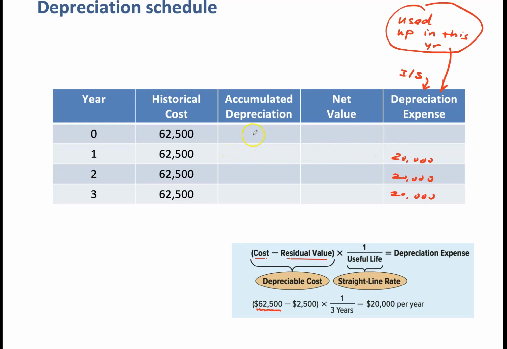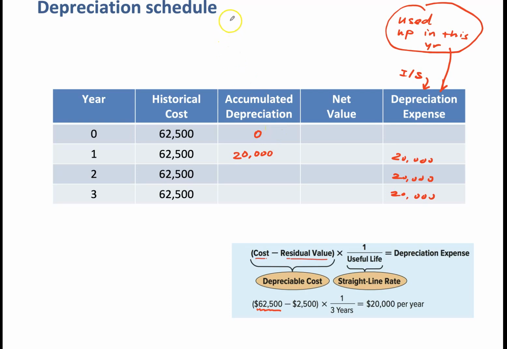this is the first year, so there is no accumulated depreciation in year 0 because we just purchased the machine. So the first year accumulated depreciation, which means the depreciation added up from day 1 to this point, is just $20,000.